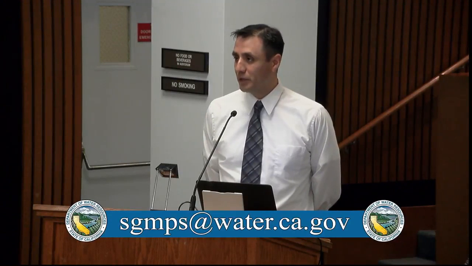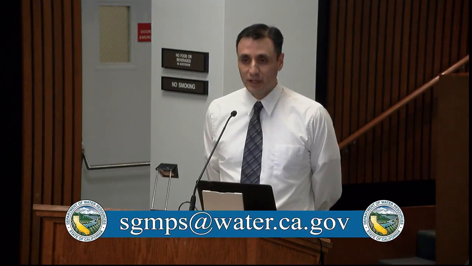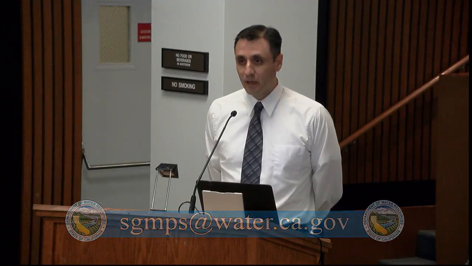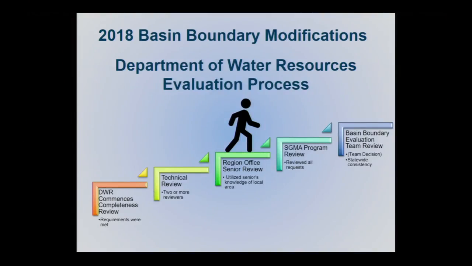If those requirements were met, the department would then mark it complete and it would be available for the public to see, and then the department would start its technical review. The technical review consisted of two or more DWR personnel. Typically, it was the local region office staff as well as other DWR personnel to help evaluate this.